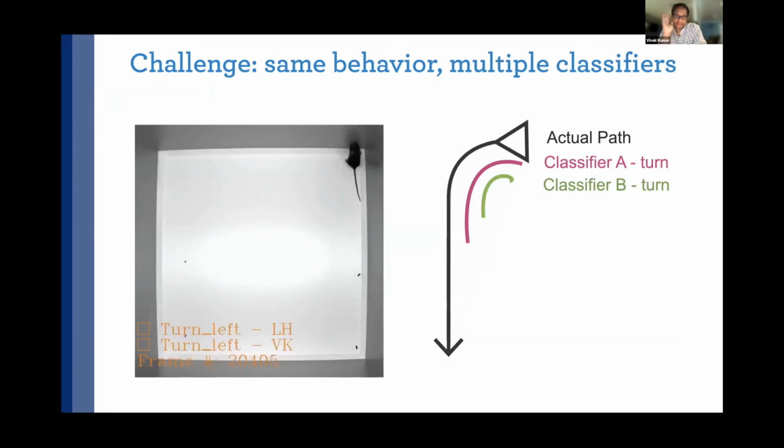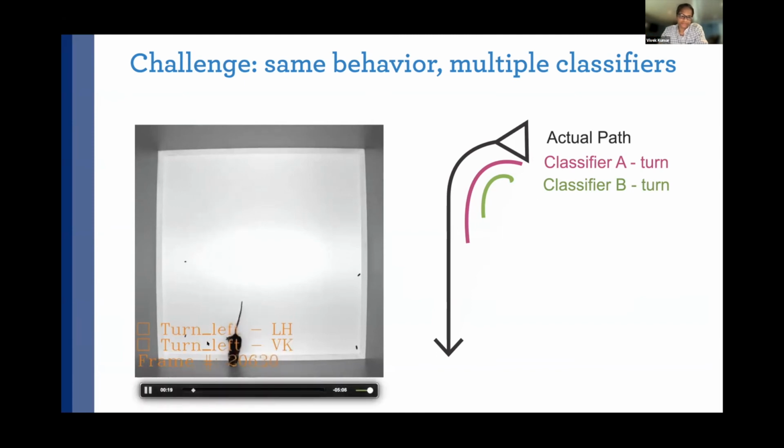I'm just using this as a toy example, but it's a real problem we have. Here we're looking at a very simple behavior, left turn. We can all agree that we think we know when a mouse makes a left turn. But here are two labelers, and you'll see for the most part there's overlap. When this light goes off, that means the classifier from A and B thinks the left turn is being made.